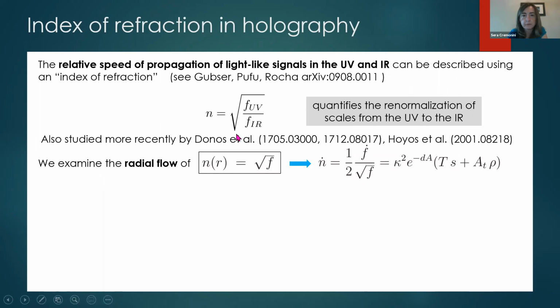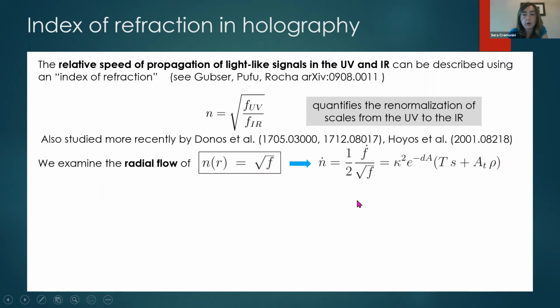This index has been studied more recently in a number of papers by Donos, Gauntlet, and collaborators, and more work by Gauntlet with Chris Rosen and Donos and others that I didn't include, and also more recently by Hoyos and collaborators in this paper.